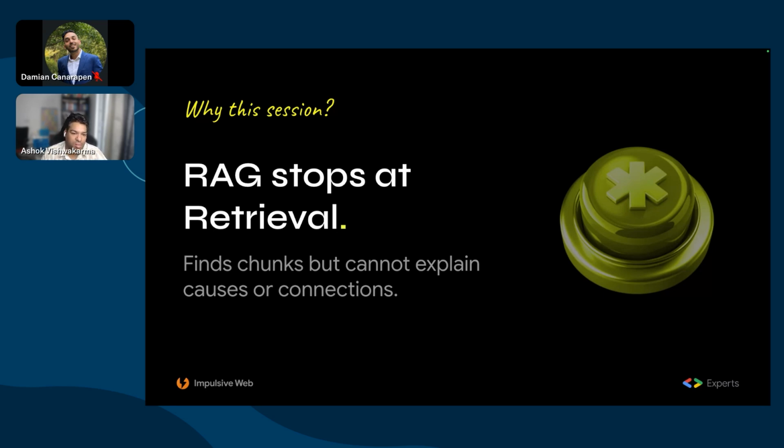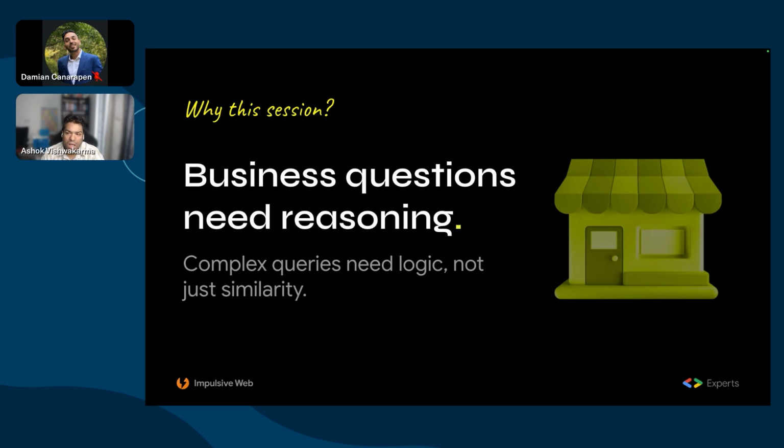As we have seen in various applications, RAG stops just at retrieval. You can find chunks from a specific vector database, or maybe any specific database for that matter, and it works on more of a semantic match rather than getting into relationships and edges and other specific aspects around that.